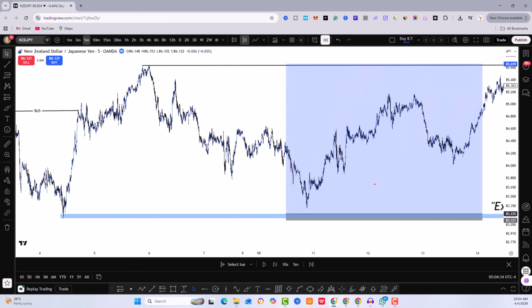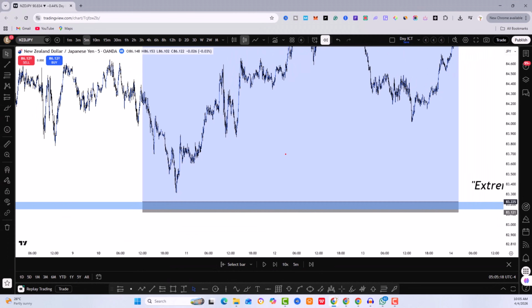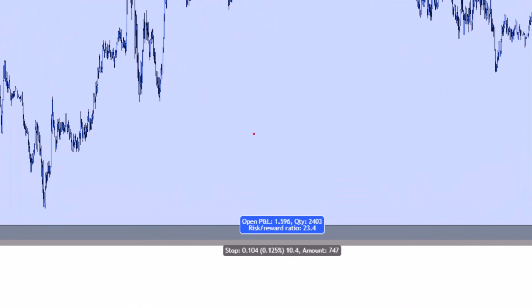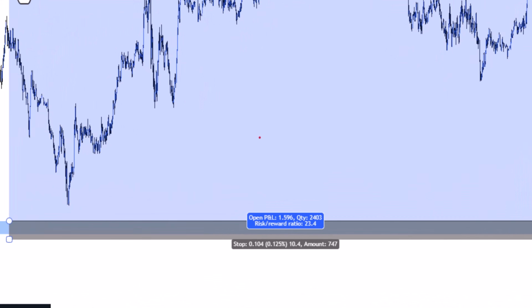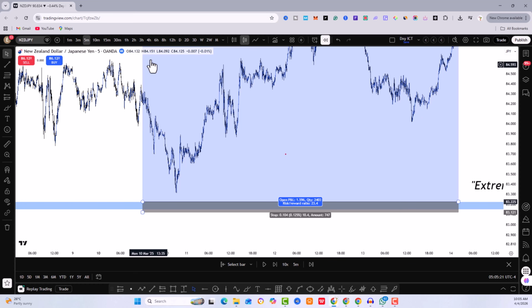The issue is, the market isn't always going to reach those levels. So yeah, on paper, this trade looks incredible. Maybe 23R, meaning you'd make 23% for every 1% risked. But the reality is, most of the time, it's just not getting hit.